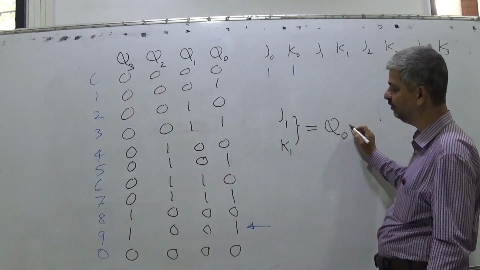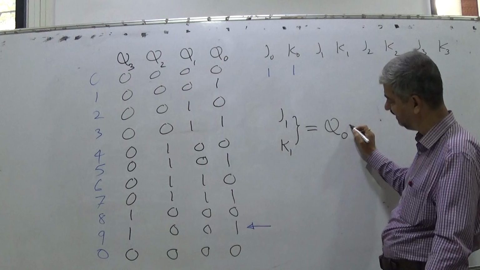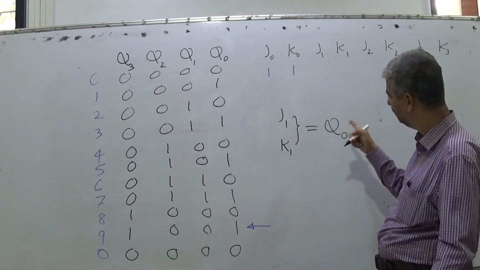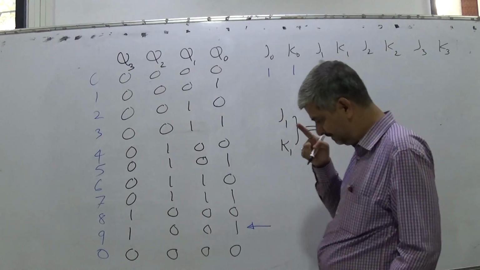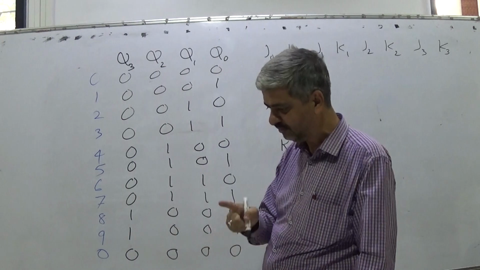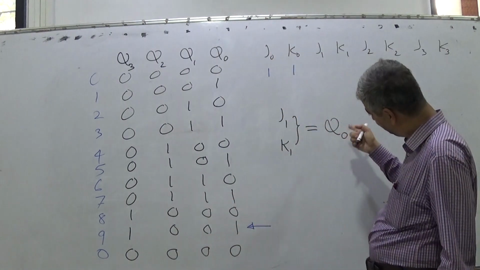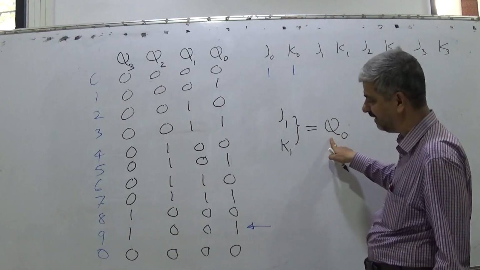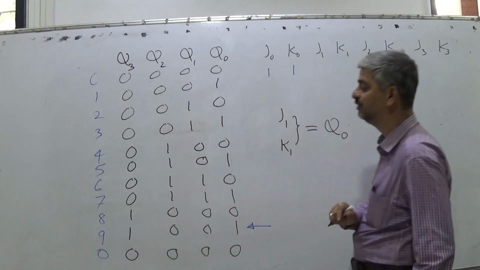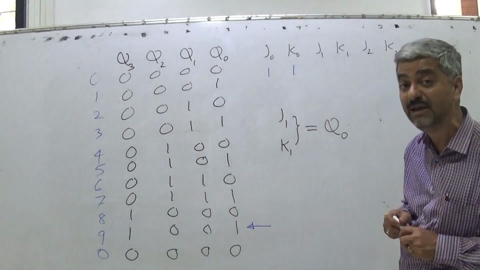So only Q0 is not enough. J1 and K1 should be Q0, but Q3, Q2, Q1 should not be 1 0 0.